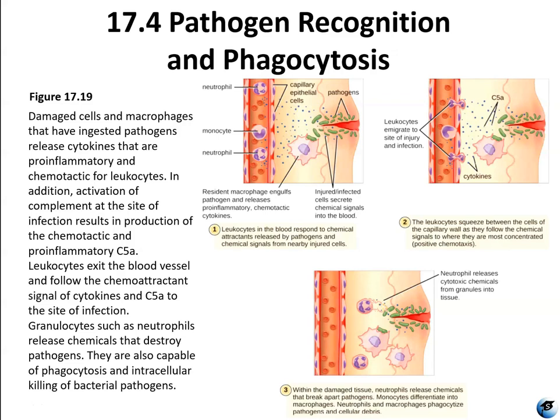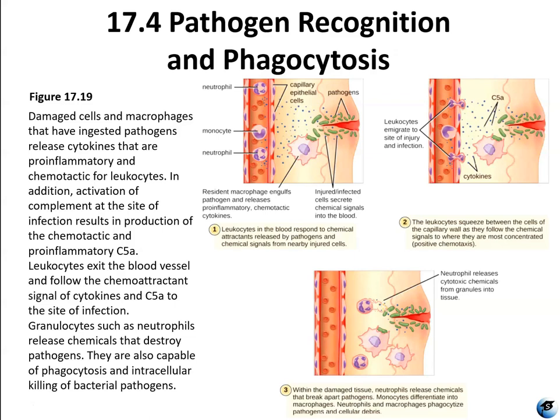Okay. So this is an interesting figure. I'm going to see if I can kind of help you understand what's happening here. You have damaged cells. You have macrophages. The macrophages ingested pathogens, and that released cytokines that are causing inflammation, and it also released cytokines that are chemotactic for leukocytes. So there's a lot going on here.